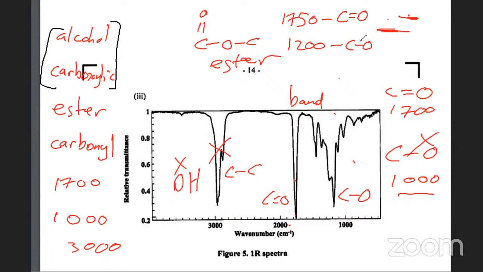Right? So that is how we justify. So because we have these two bonds here, and this one up here, it is insignificant because every compound is going to have carbon to carbon bonds. So it's the specific functional groups that are important. All right.